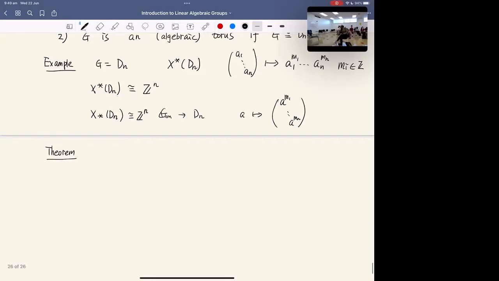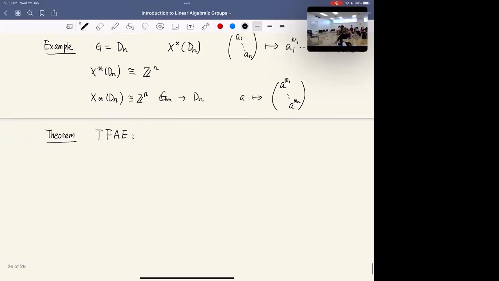Okay, so now we write down some equivalent conditions for a group to be diagonalizable. So the following are equivalent. So first of all, G is diagonalizable. And what kind of group should X upper star G be?